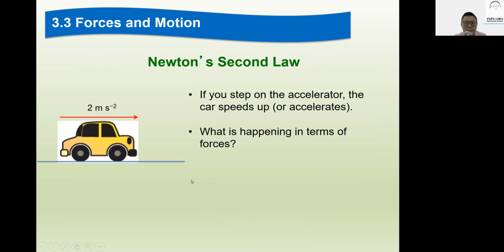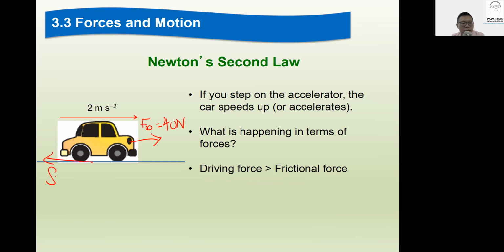So for example, if I step on the accelerator, the driving force, instead of 10, let's say now becomes 40 Newton. Friction, which is between the floor and the tire, is still 10 Newton. Now if you apply Newton's second law, F net equal to ma, not 0.